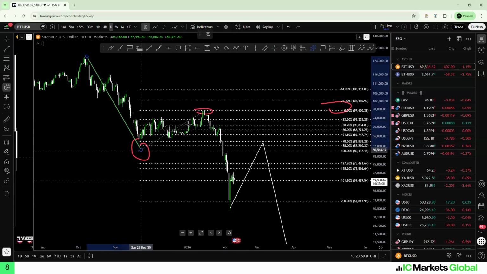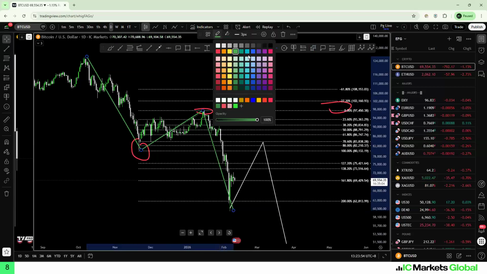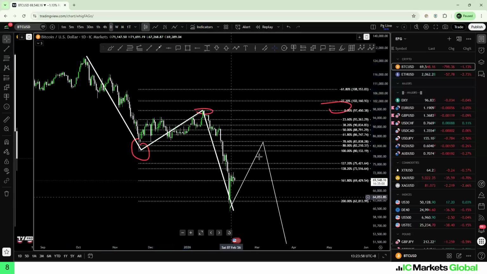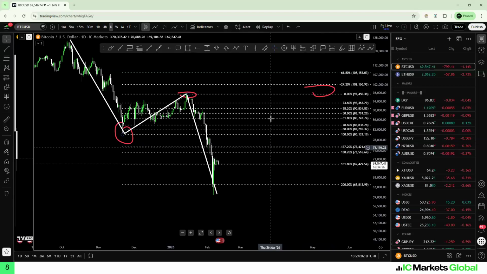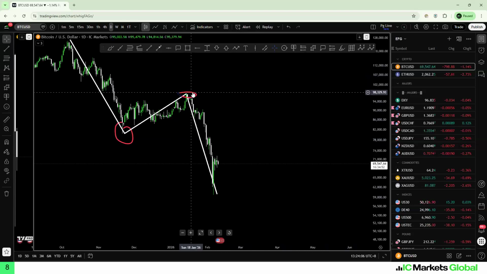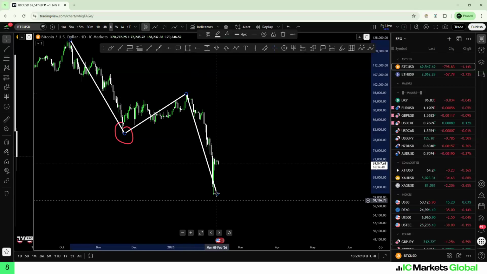You see that? Go back and here. Right? Now, 200% here. So right now, price has already created the swing high and the swing low.